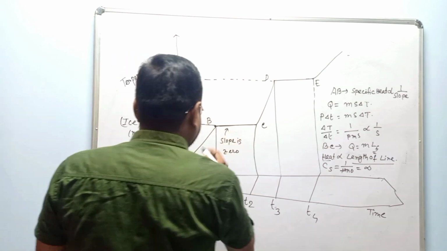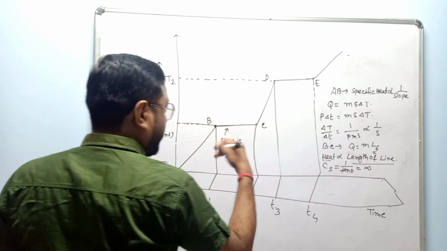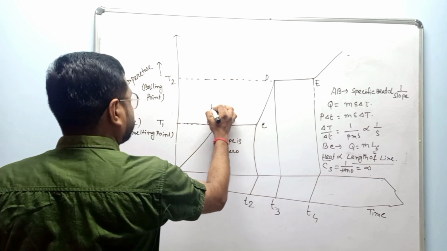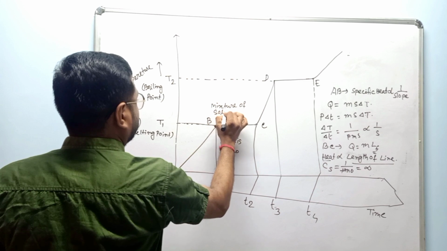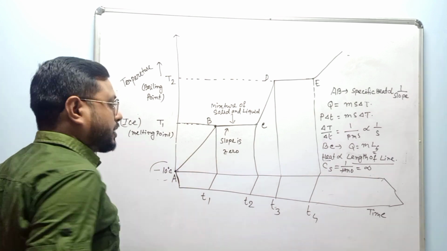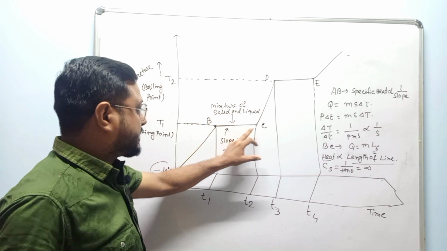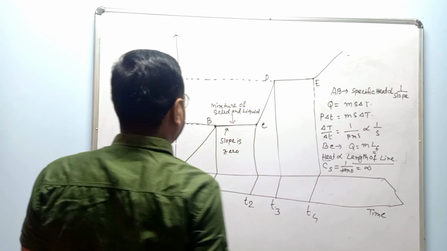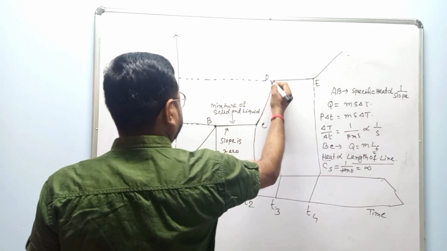At B, the ice starts to melt, and at C, the ice is totally melted. So between B and C, there is a mixture of solid and liquid, because here the ice starts melting. Till C the temperature is constant, and at C all is liquid. Then the temperature increases till D, and at D it starts to vaporize.